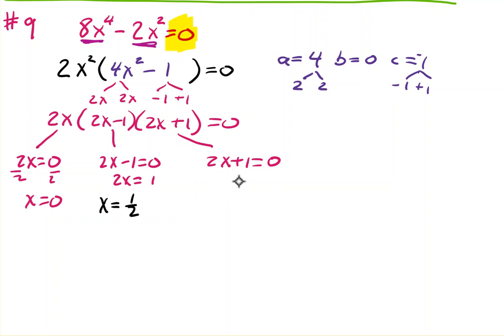I didn't solve this one last. 2x equals negative 1. X equals negative 1/2. And notice this is the first time we get 3 different answers, which you could write as negative 1/2, 0, and 1/2. So there's your solutions. Hope this helps.